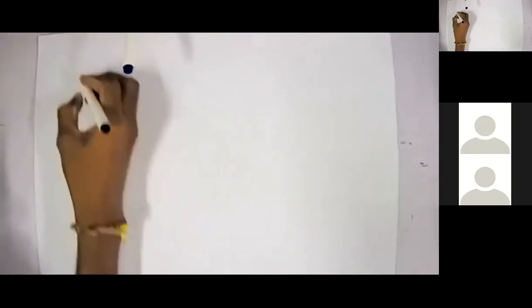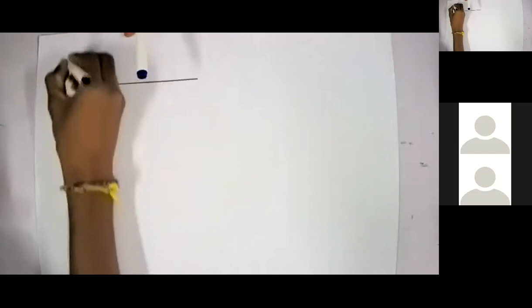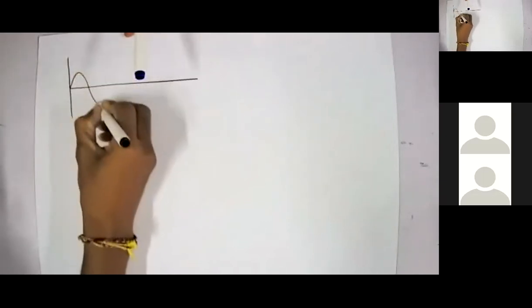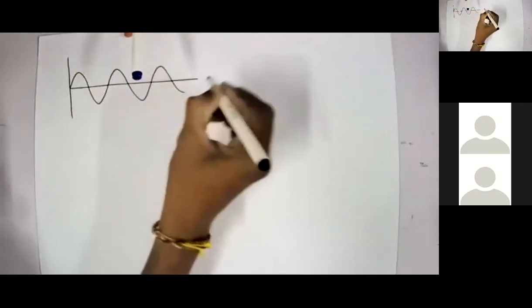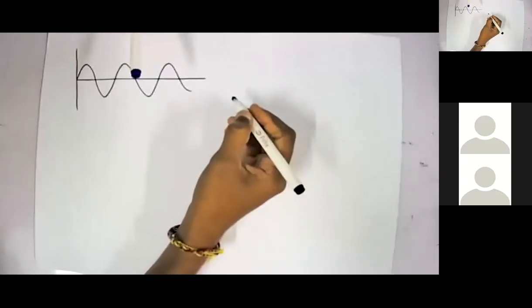Okay. So, in our last class, we have seen the AC waveform, right, which is something like this. It could be either cos or sine.